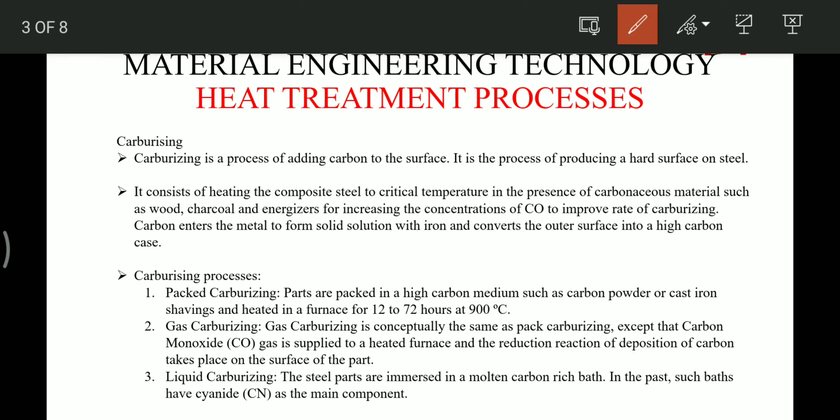The first process is carburizing. This process adds carbon to the surface, and this produces a hard surface on the steel. It consists of heating the steel to critical temperature in the presence of carbonaceous material.